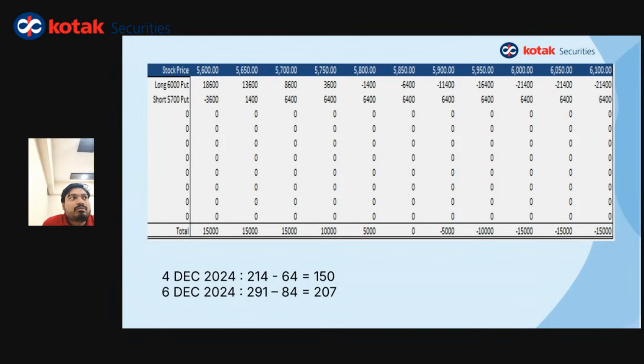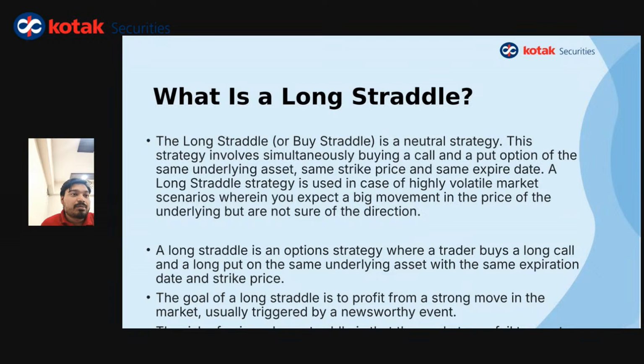That could be around 5 p.m., 6 p.m. It's up to you. You'll have to start trading and experience for yourself when is the best time to enter the long straddle strategy. But the best time is obviously before the inventory comes out.